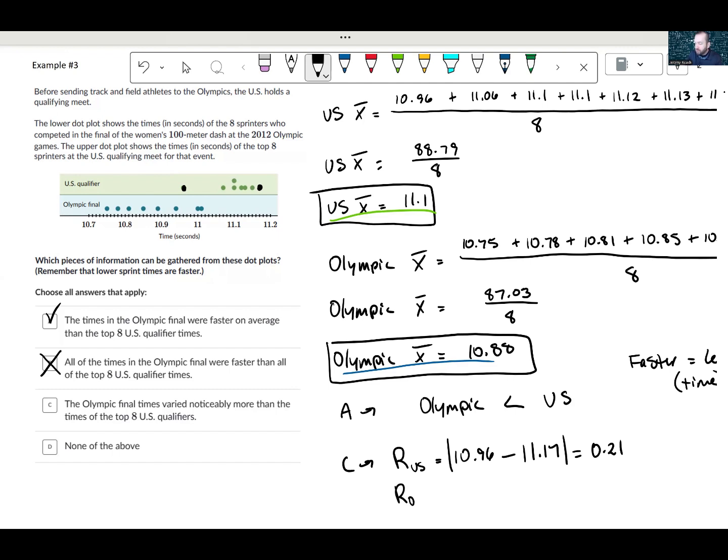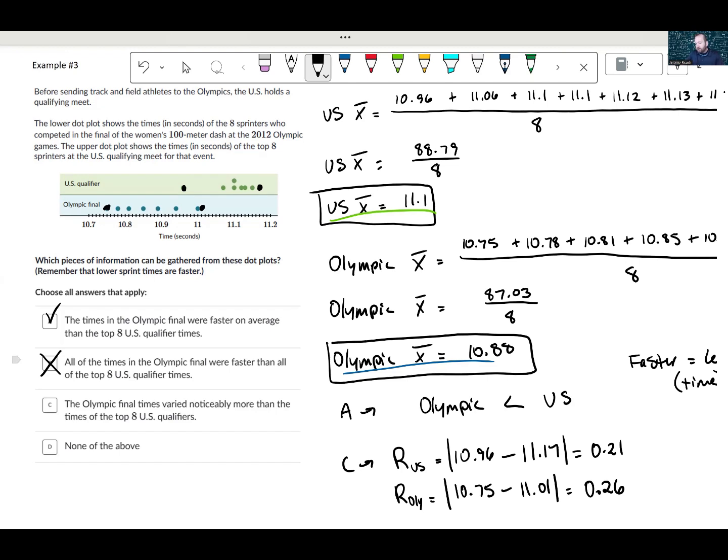The range for the Olympic times, we're also doing minimum minus the maximum. And that looks like the minimum is 10.75 and the maximum is 11.01. Let me see, yeah, 11.01. And we're finding the absolute value of this. So if you ever get a negative with the range, just remember it's the positive absolute value.